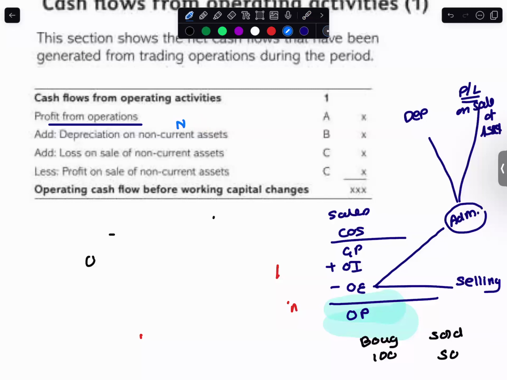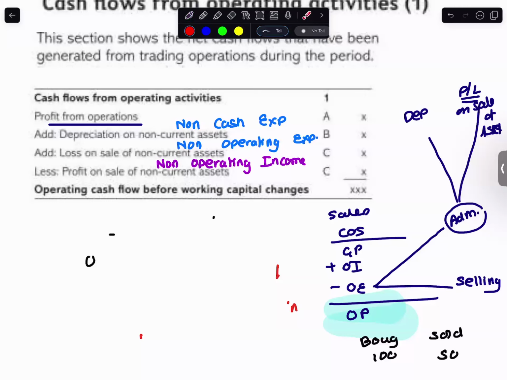Depreciation is a non-cash expense. And loss on sale of asset is a non-operating expense. It is not concerned with business operations. And you will deduct non-operating income, because this has already been added or subtracted while arriving at your operating profit.